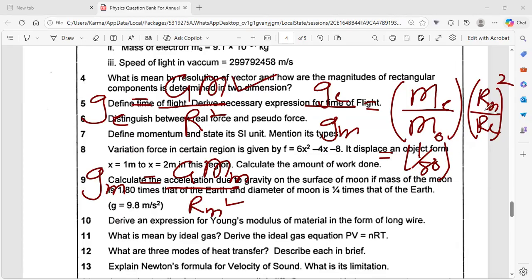The radius of the moon is 1/4 of the radius of Earth, squared. The mass of Earth is 80 times that of the moon.